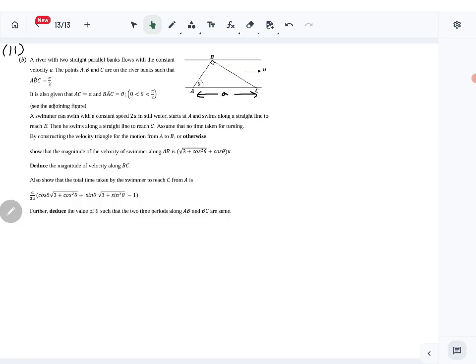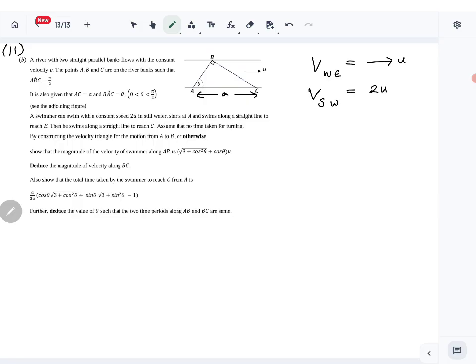Okay, so let's note down the velocities given to us. The river flows with a constant velocity u in this direction, so that is the water relative to earth. Then the swimmer can swim with a constant speed 2u in still water, so the swimmer's velocity relative to water is 2u.